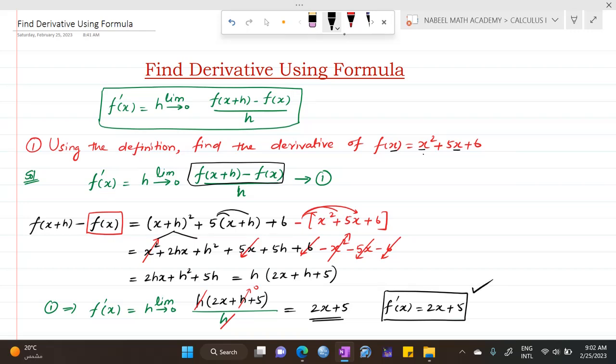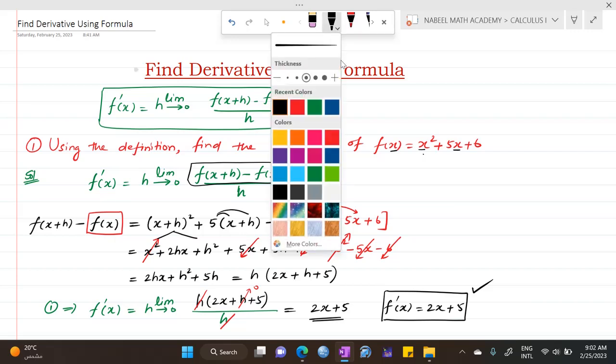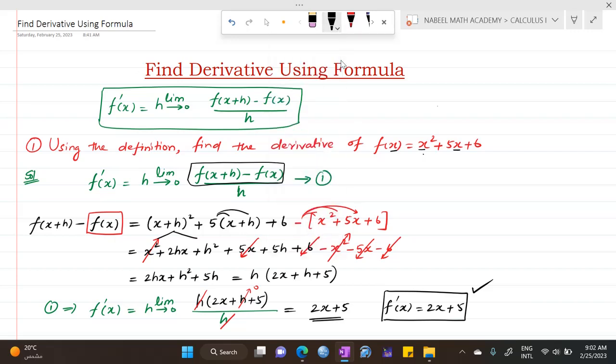So whenever you have a polynomial, you have to expand using the formula, that is a plus b whole square, or a minus b whole square, or a minus b whole cube, or a plus b whole cube.